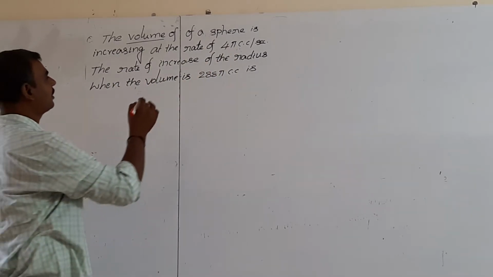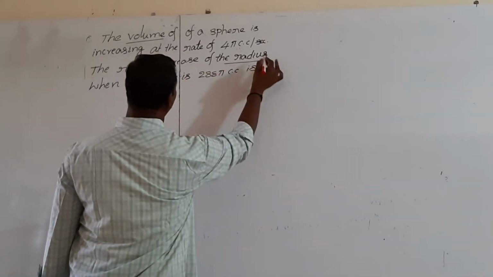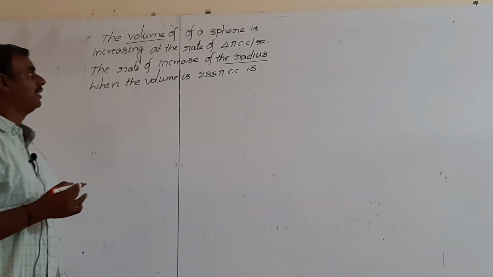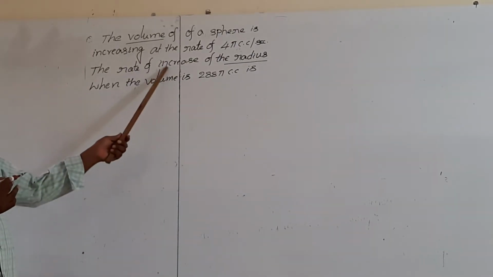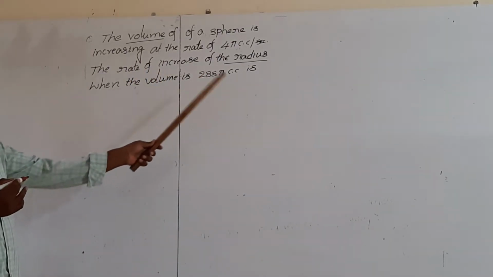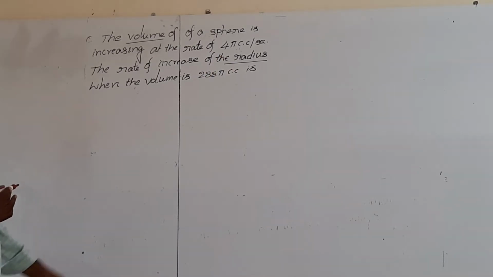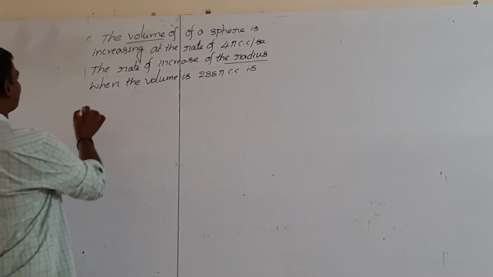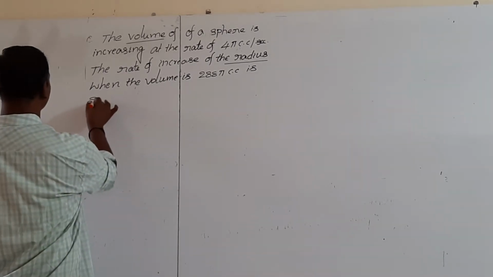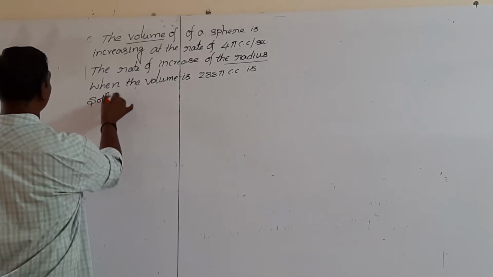So what is being asked? The rate of increase of radius, that is the change in radius, dr by dt, when the volume is given as 288 pi cubic centimeter.